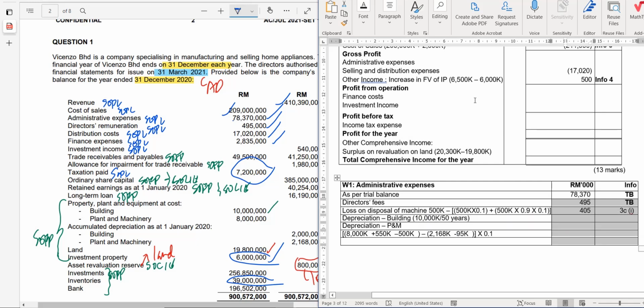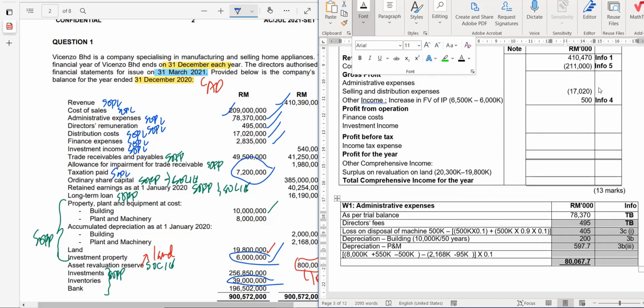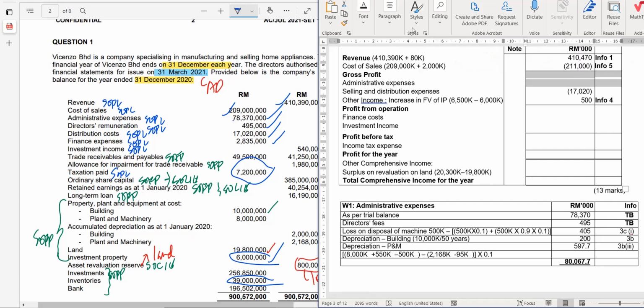So if you do that, you will get this figure. The total would be 80,067.7. I'm putting this just to cross refer, so you can put it here, and that would be your item.